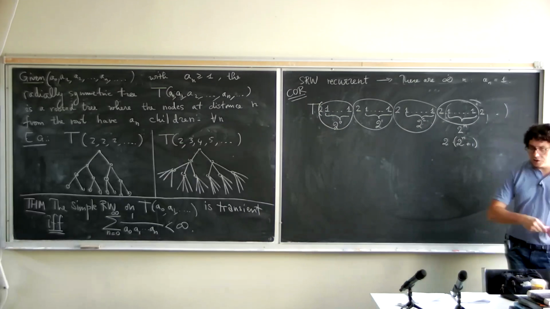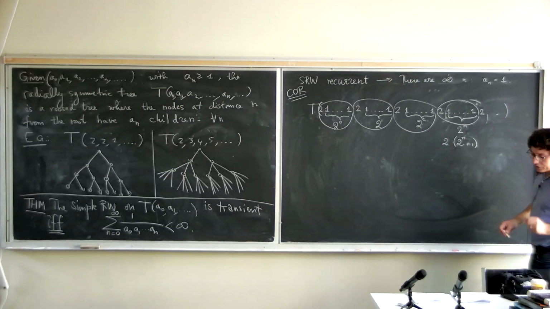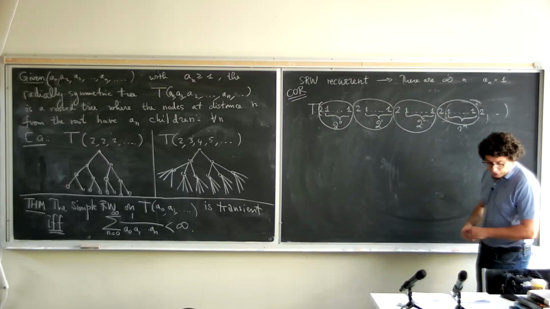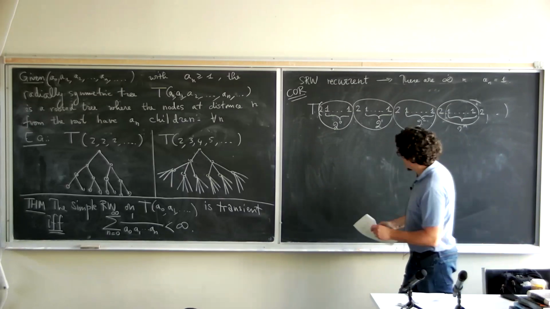Okay, so now let's look at the theorem, and the theorem will use some result on Markov chains, which also will use some of the martingale convergence. So we need some lemma like this.